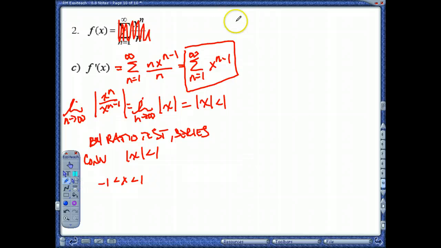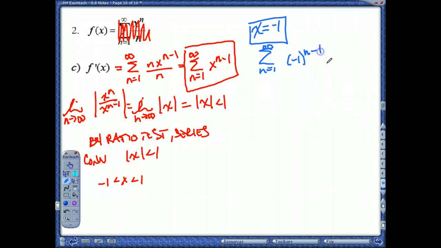Okay, so you're taking each one. So when x equals -1, got to check that endpoint. Remember, you're doing the derivative here. Okay, so when I do that, I'm going to have my series, and I'm going to have -1 to the n minus 1. Okay, well, that's going to diverge. That's easy to see because it's just going to flip-flop back and forth.